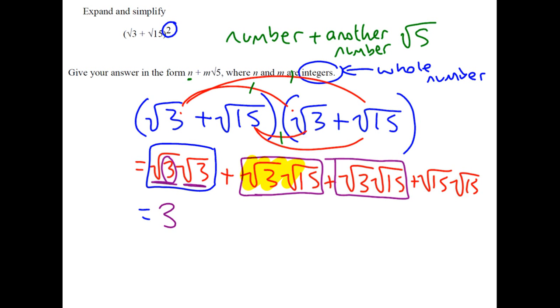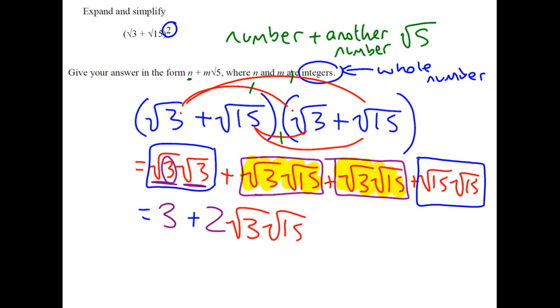Okay, you've got 1 here and you've got 1 here. So we're going to put them together and say we've got 2 of them. Okay. And it's plus. And then at the end, we've got the square root of 15 times by itself, so that just gives us 15.